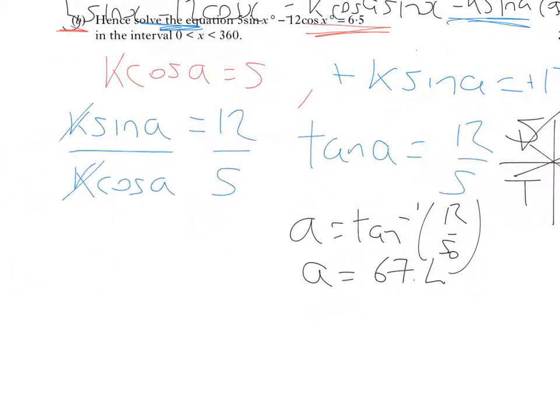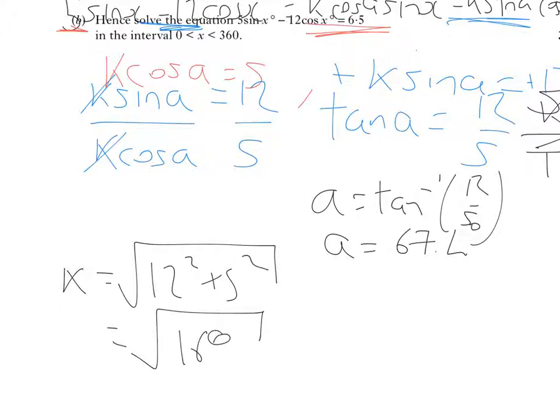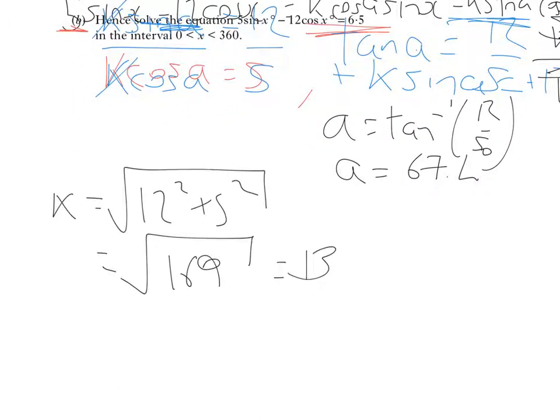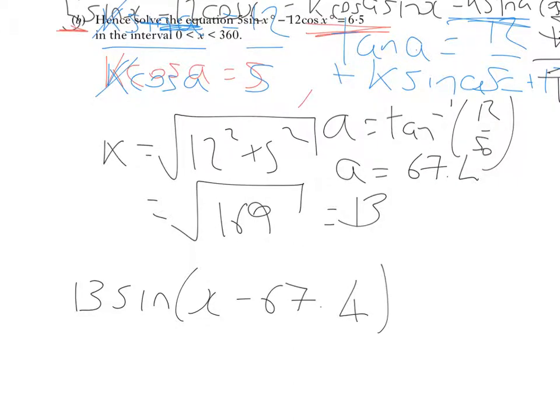I'm now going to find my value for k. So it's square root of 12 squared plus 5 squared, and it's square root of 169, and it's 13. So the wave function then is given by 13 sin x minus 67.4, and that's part A.